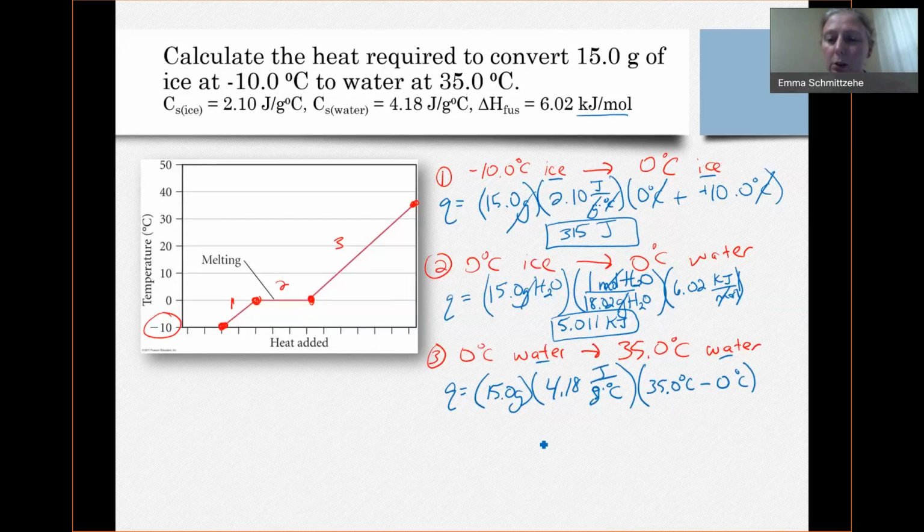And this one again should be 3 sig figs in the end, so I'll keep one extra. So 2195 joules is what that step comes out to. The grams cancel, the degrees C cancel.